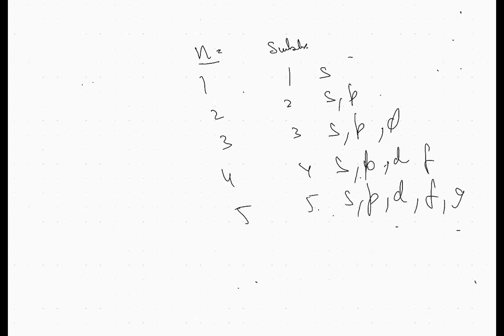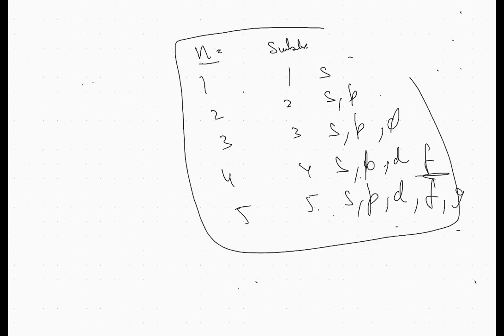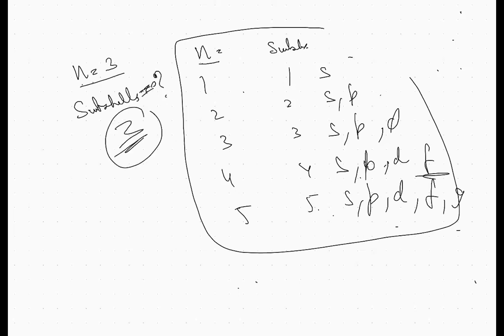So the question is, how many subshells exist within n equals 3? The answer is 3. If n is 1, subshell is 1. N is 2, subshells 2. N is 3, subshells 3.